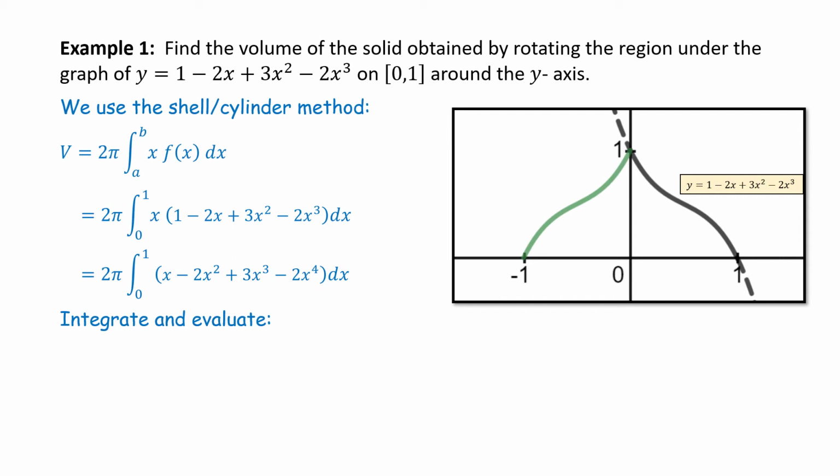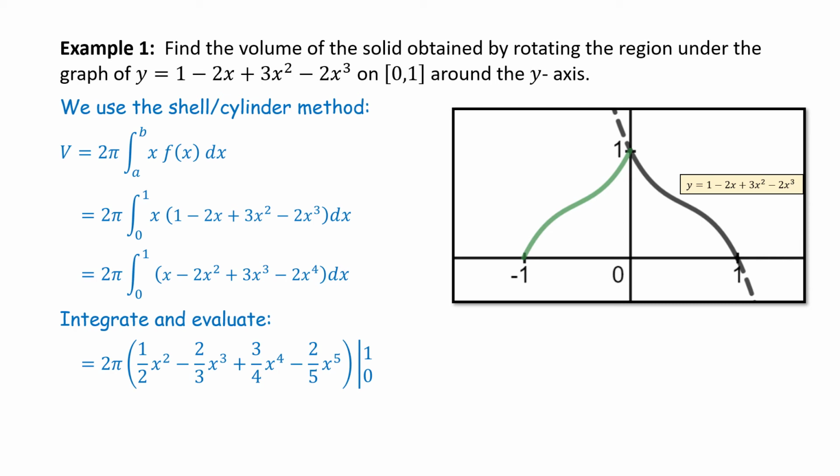Using the power rule for integration, and don't forget the constant 2 pi, the antiderivative would be 2 pi times, in parentheses, the integral of x, which is 1/2 x squared, minus the integral of 2x squared, which would be 2 over 3 times x cubed, plus the integral of 3x cubed, which would be 3 over 4 times x to the 4th, minus the integral of 2x to the 4th.